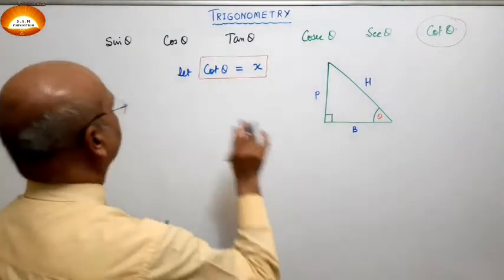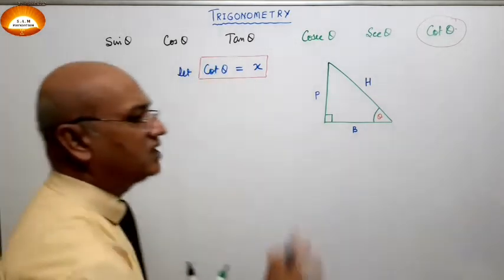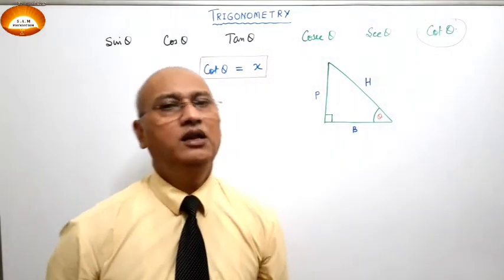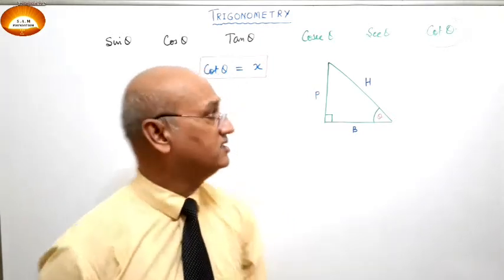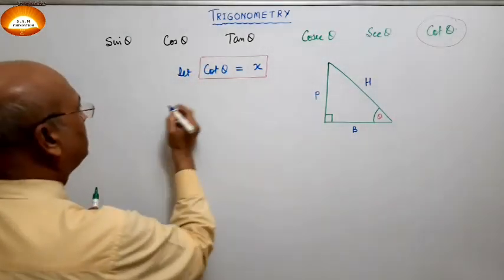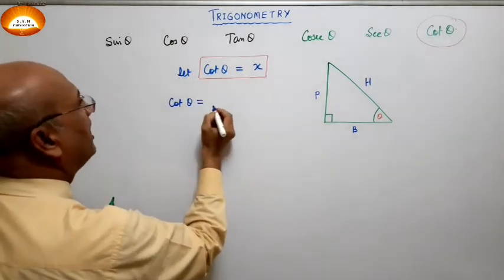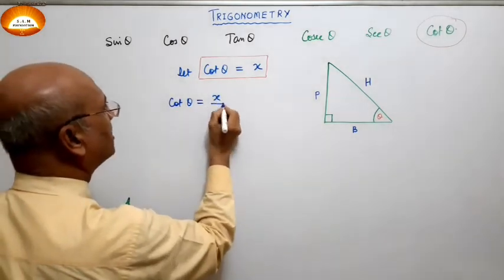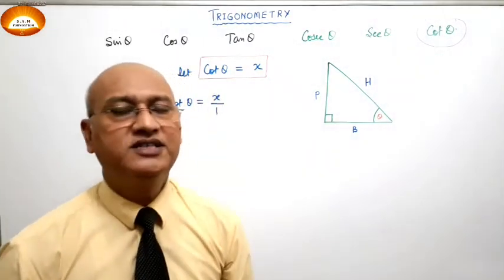Now see, cot theta we have supposed as x. Any variable or any number we can write as upon 1. The value never changes. So we can write cot theta as x upon 1 also. It doesn't change the value.